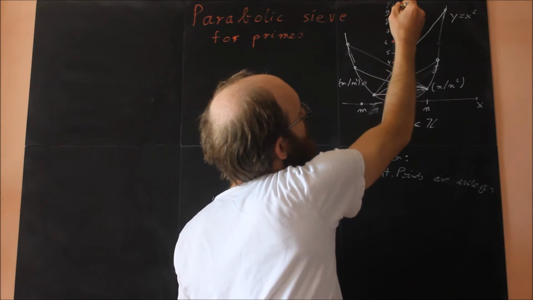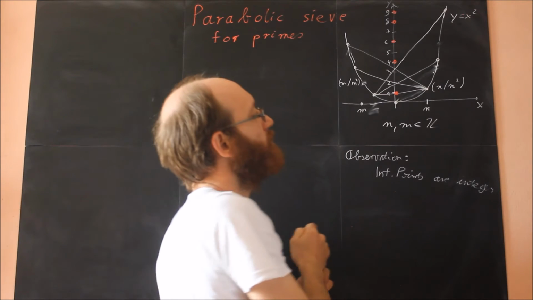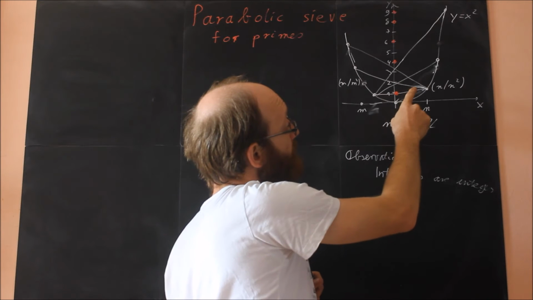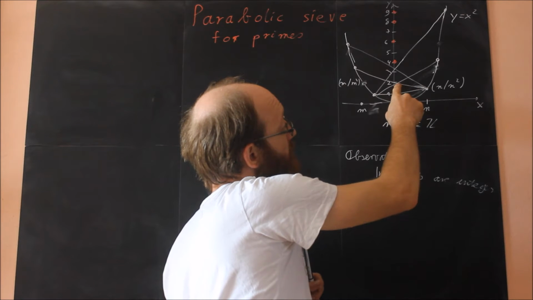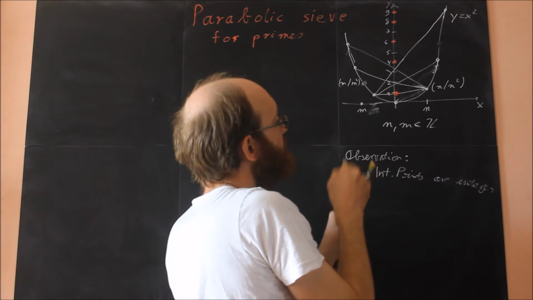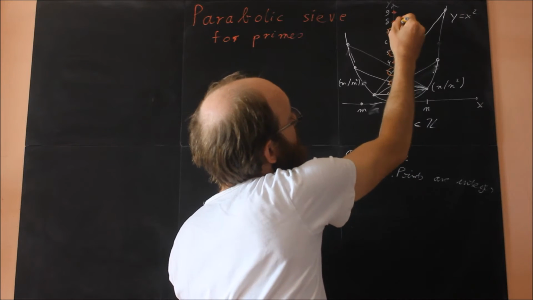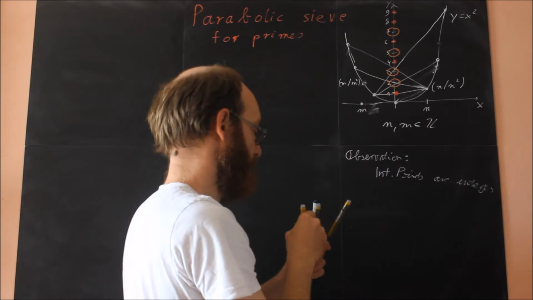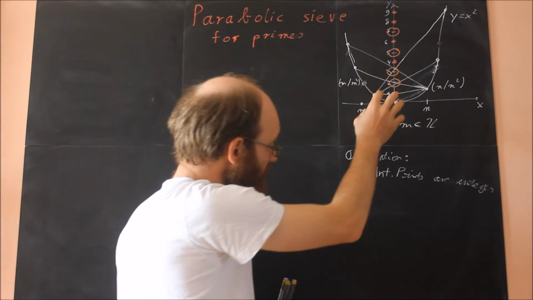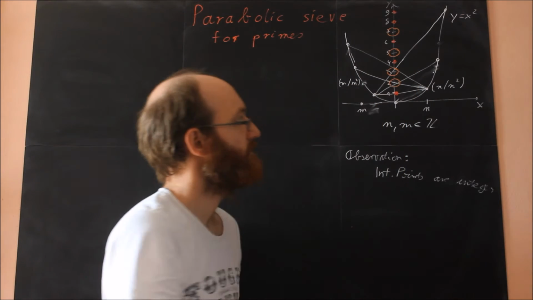And if we do this carefully, I can tell you that it seems like we do not cross the 2, not the 3, not the 5, not the 7, not the 11. So it seems like all the primes will not be part of the intersection points.